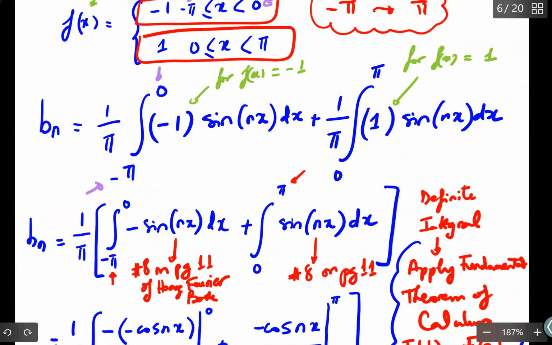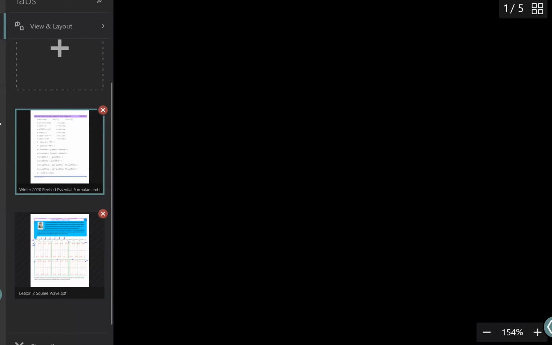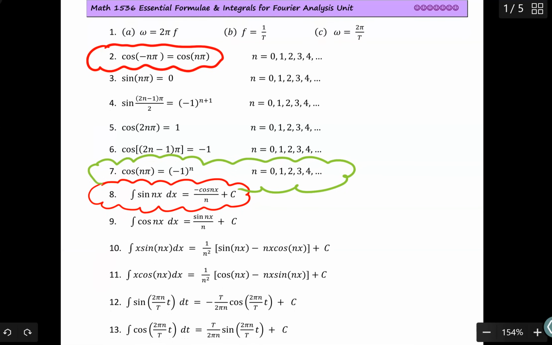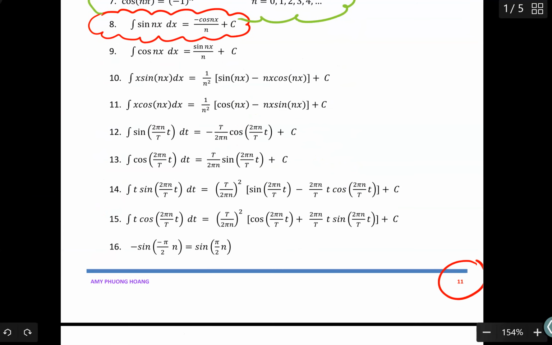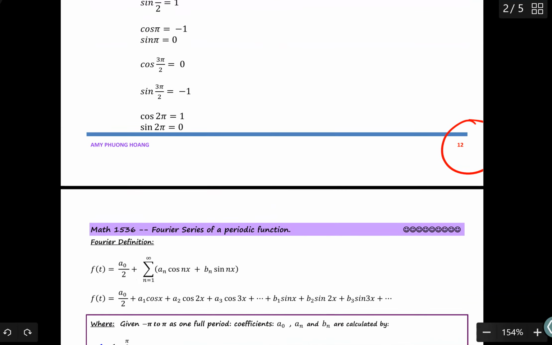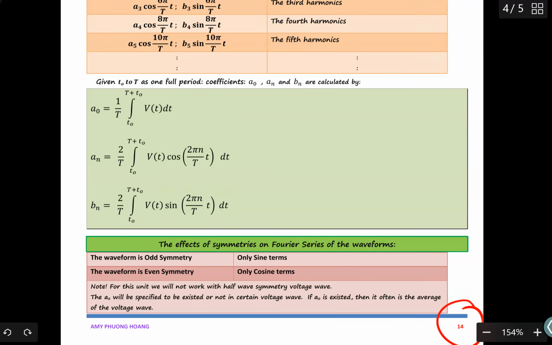To integrate these two integrals, we apply the fundamental theorem of calculus, and we use some formulas that I identified for everyone on this page. In the workbook that we use for this class, I would like everyone to concentrate on page 11, page 12, page 13, and page 14.